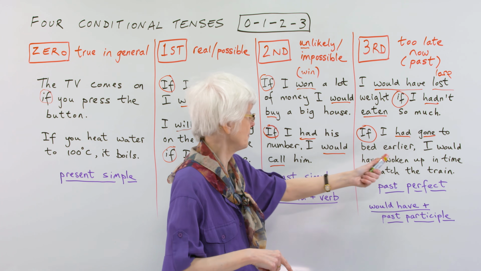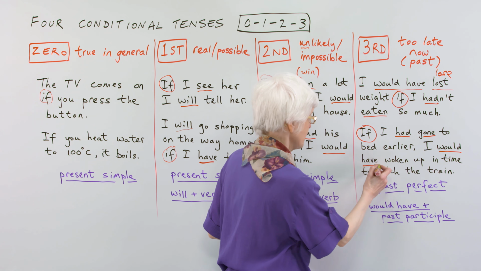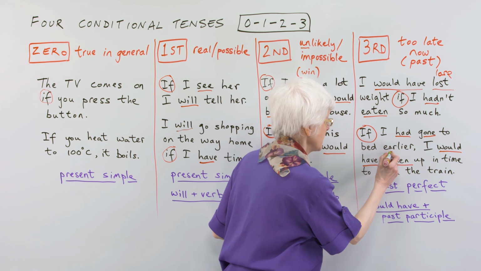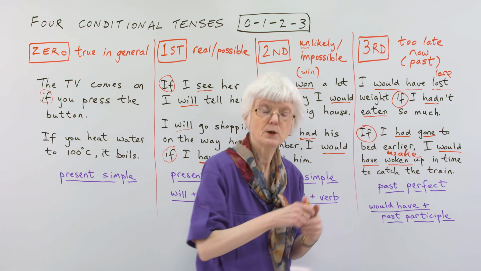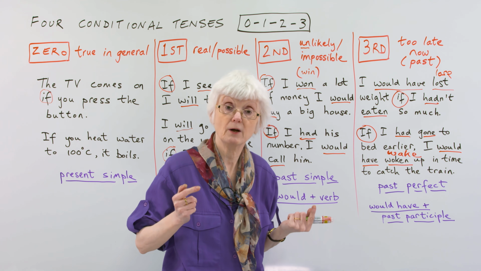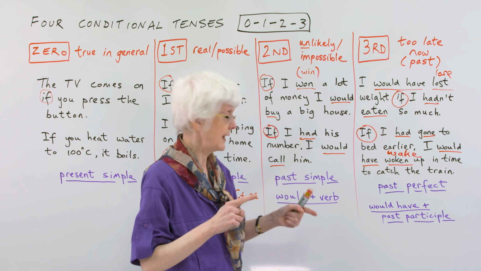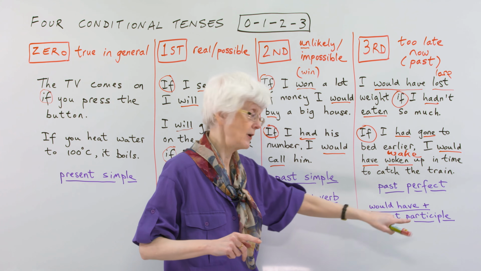If I had gone to bed earlier, I would have woken up. So the verb to wake, when you wake up in the morning, if the alarm clock goes, or you just wake up naturally, I would have woken up in time to catch the train.